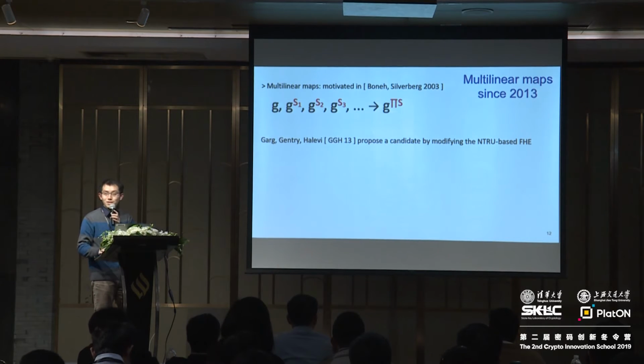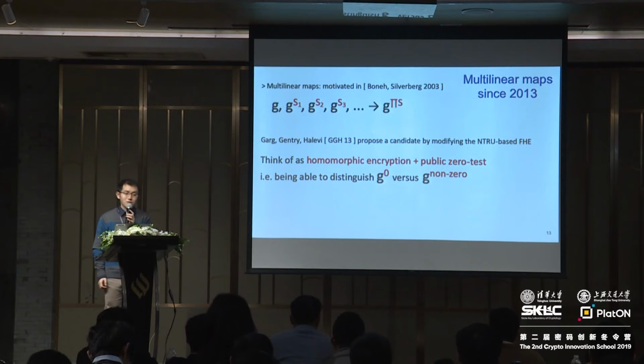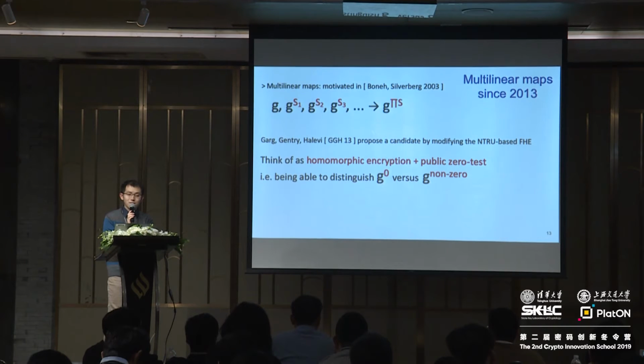And NTRU is a lattice assumption, so it somehow falls into the lattice category. It actually gives a new way to think about multilinear maps, which you can think about as homomorphic encryption plus public zero test.